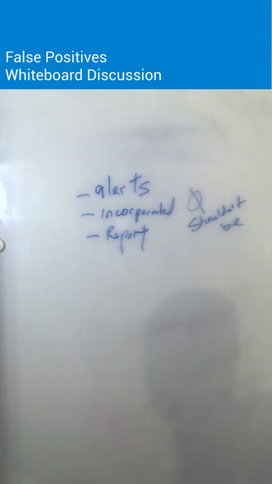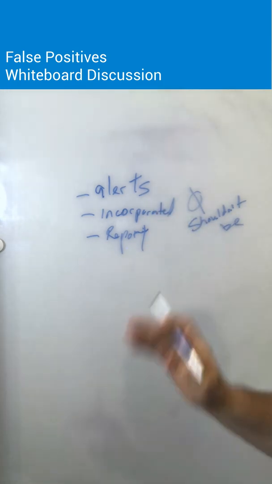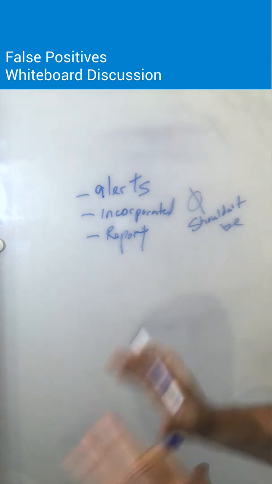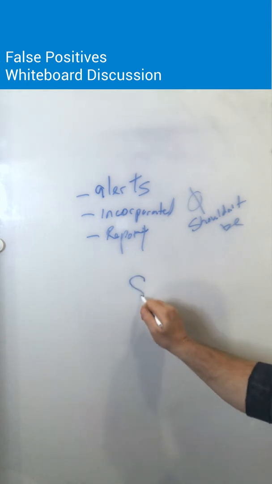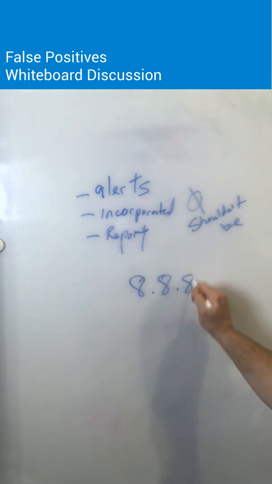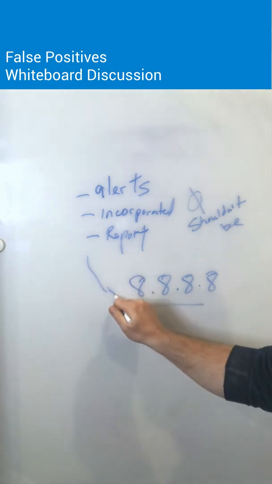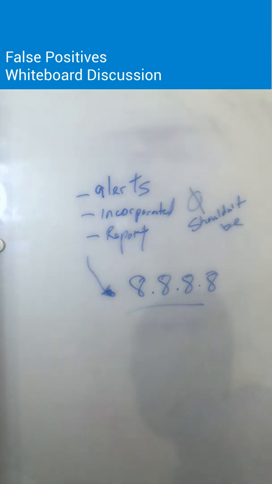False positive. What's an example of a false positive? You look at a piece of malware and you're pulling out indicators and you're like, I need to pull out all the DNS indicators. And you see quad 8 and you're like, aha, I need to report on this. And this false positive gets reported on and incorporated into your threat intelligence.